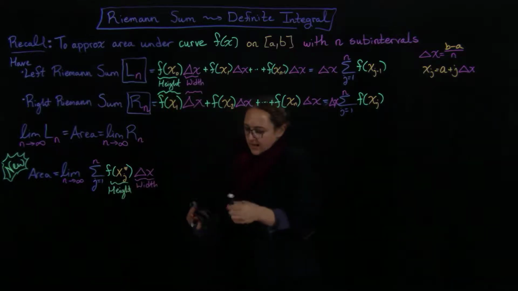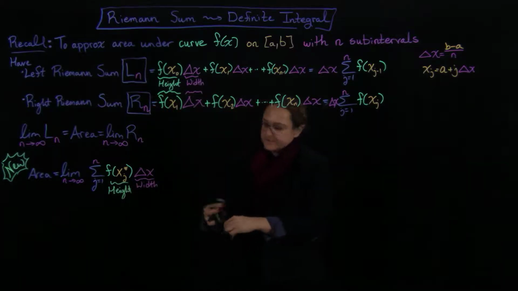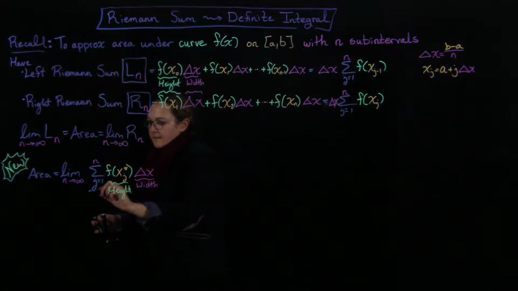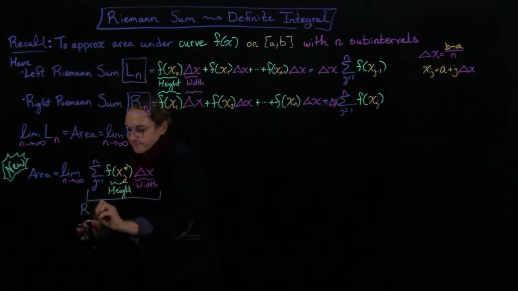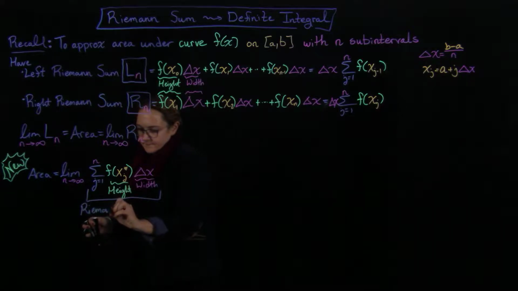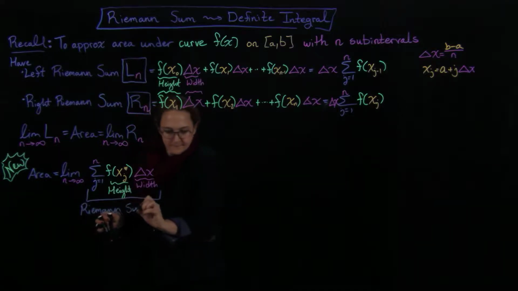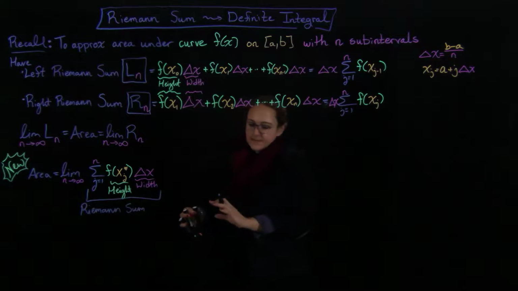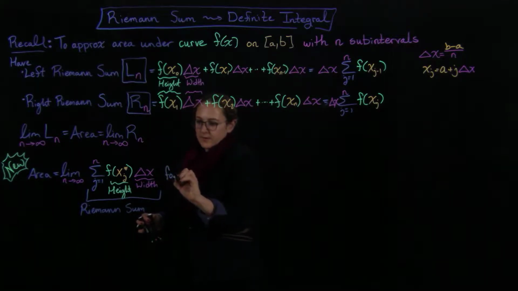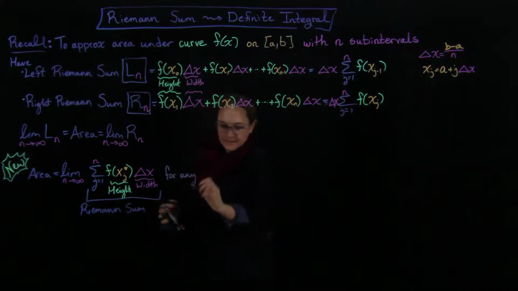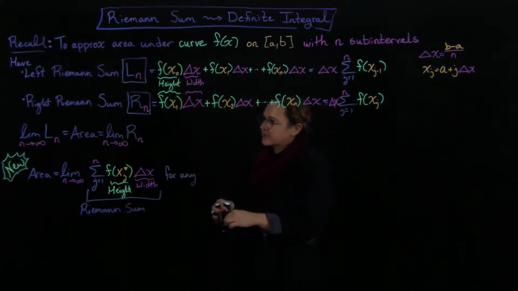Okay, and this whole thing is called the Riemann sum. So this whole thing, not with the limit, but this is the Riemann sum. And this works for any xj.